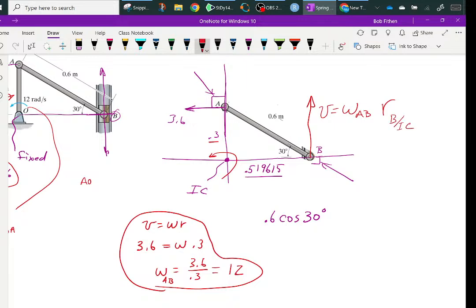So it's basically the distance from here to here. So the omega is 12 and the R is 0.51965. 12 times 0.51965 is about 6.235. What is this? This is meters per second. I'm trying to figure out was it feet or meters.